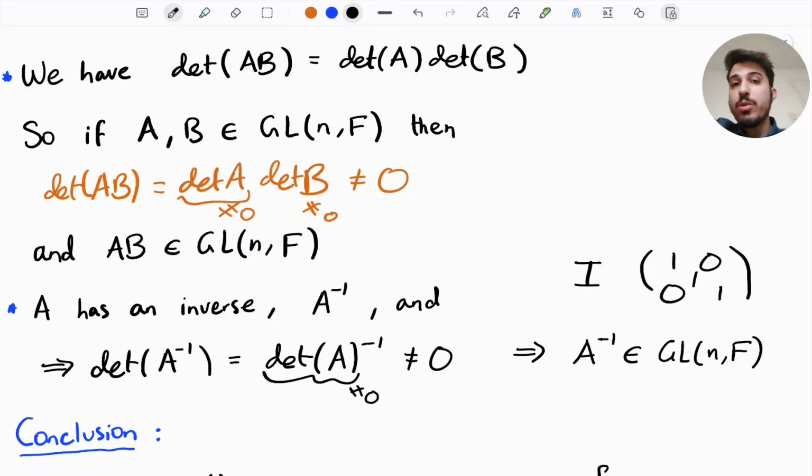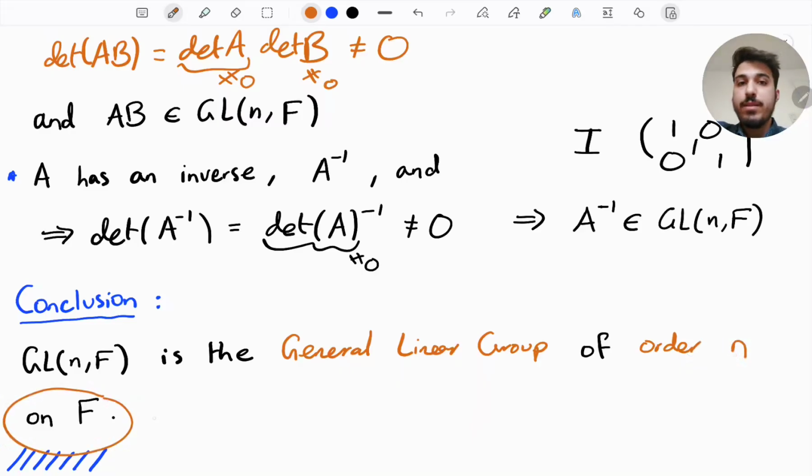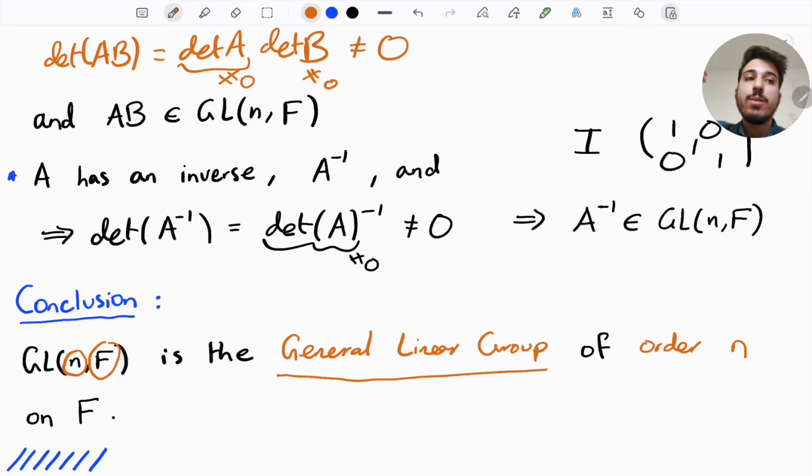And so the conclusion is that the set GL_n(F) makes a group, and in fact it is a group we call the general linear group of order n on F. So if we have F, a field, and we have n, a natural number, we can construct the general linear group of matrices with coefficients in F that is n-dimensional.